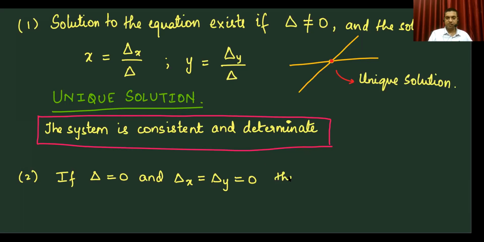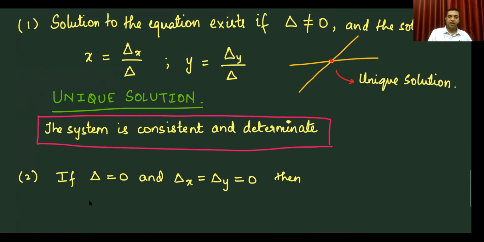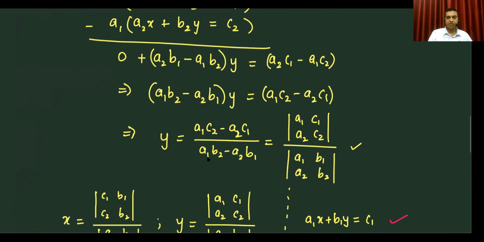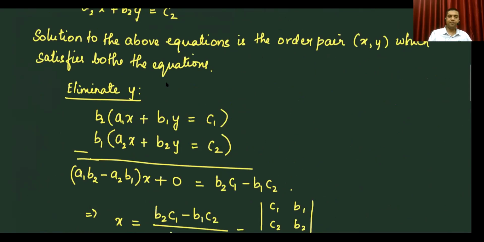Basically we derived this expression from delta into x is equal to delta x. That is what we got here, isn't it? This is delta and this is delta x.